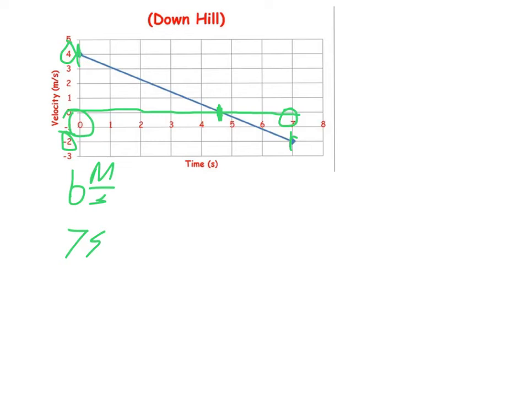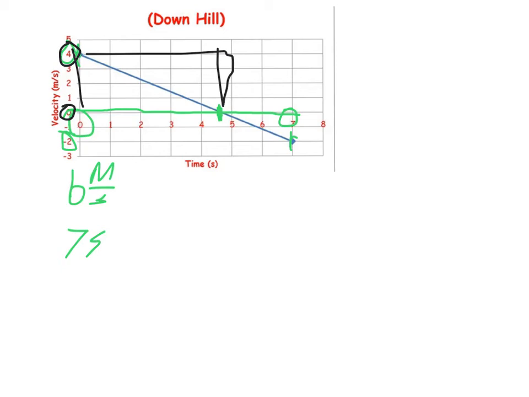So we need to figure out how long it's going to take to change from 4 to 0, because we need to figure out the area of the box, remember? So we need to know exactly where that point is that it crosses. We're trying to figure out 4 to 0, not the whole 6.